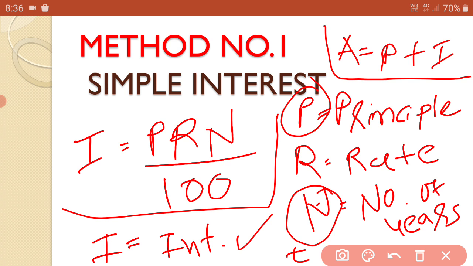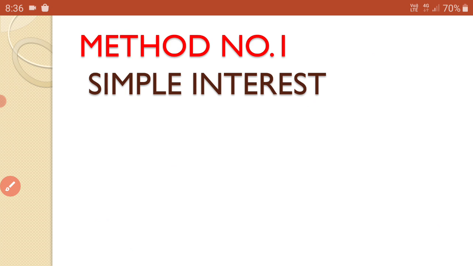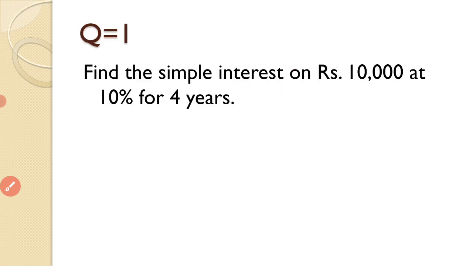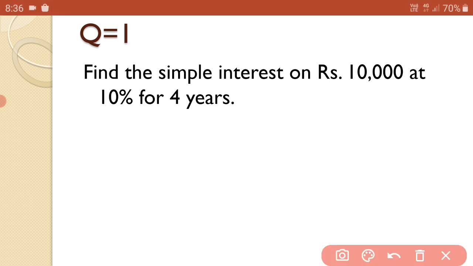Okay, now we calculate the questions. There are three different questions we calculate for simple interest. Question number 1, find the simple interest on 10,000 at 10% for 4 years. First of all, decide the symbols.